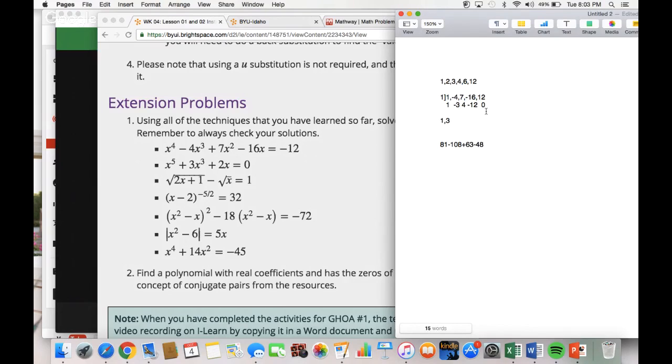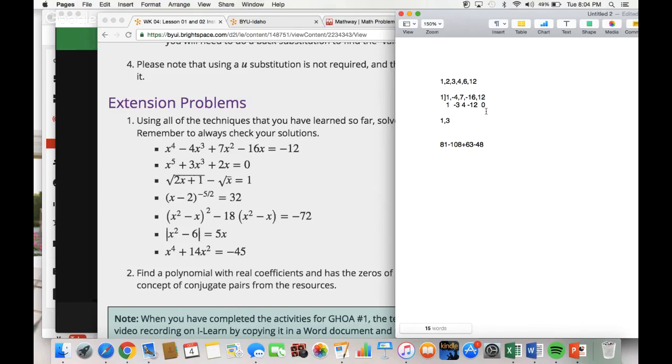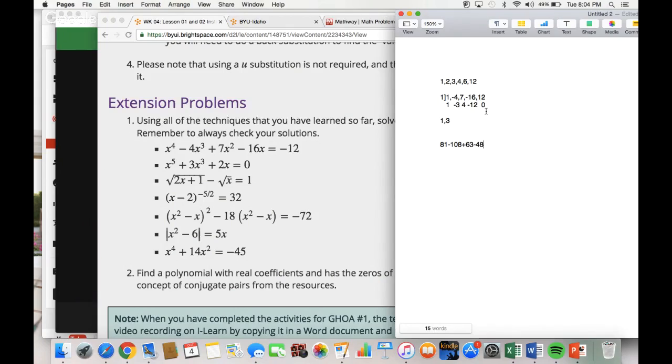Okay. So 81 minus 108 equals -27, plus 63 is 36, minus 48. I got negative 12, so you can plug it in, I guess, and check your work. Yeah, that could work. At least if you have more than one way of knowing how to answer it, that's better than nothing. Yeah, definitely.